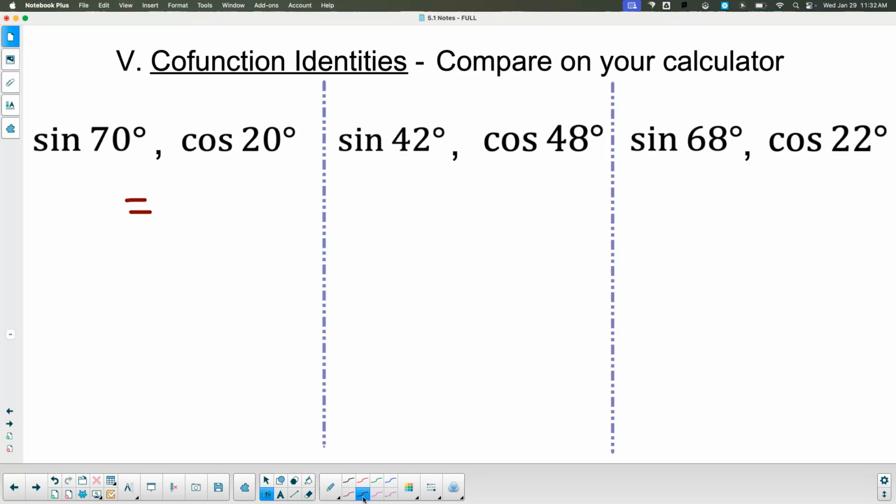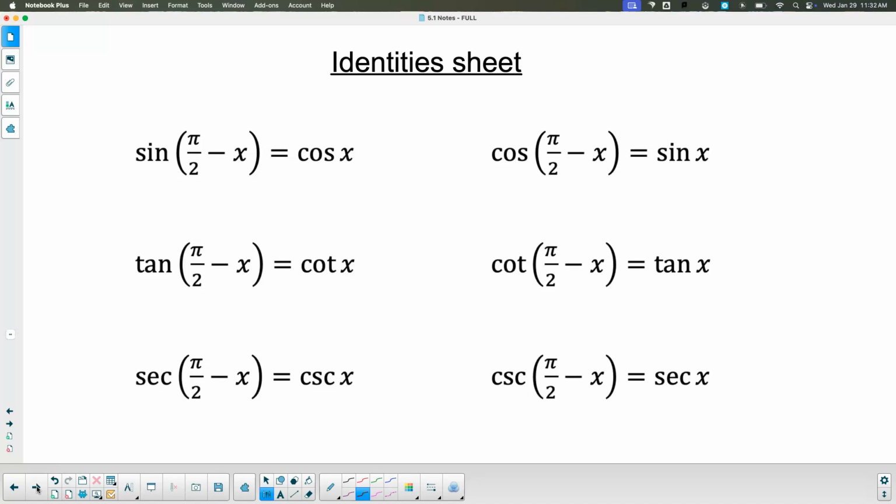Yeah? So that gives us, on your identity sheet, numbers 12 through 17. If we have an angle and its complementary angle, one angle is x, the complementary would be pi over 2 minus x. The sine of one is the cosine of the other.